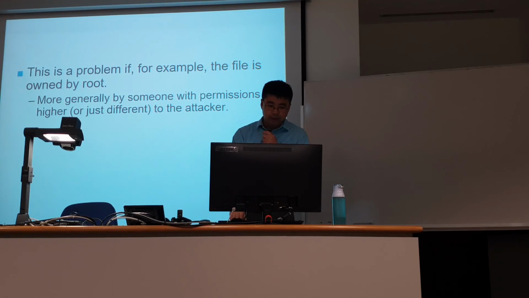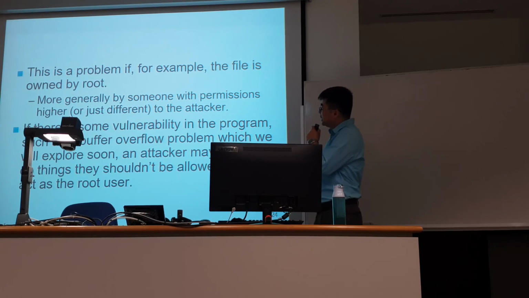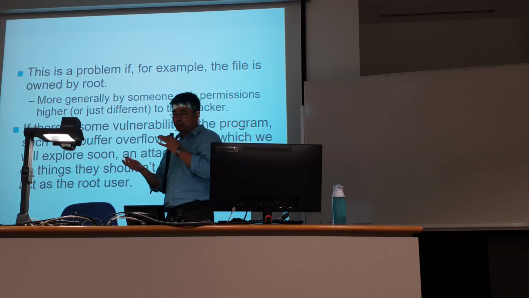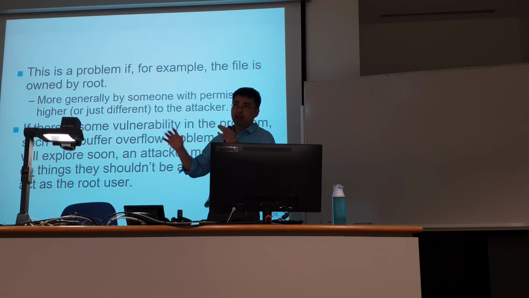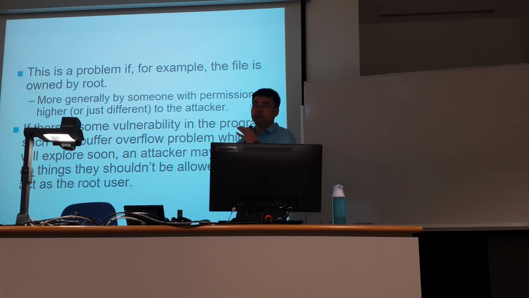If the program is owned by the root user and you have this set UID, then anyone who is allowed to run the program will have the root user permission. In this case, this user may misuse this program to do some malicious activity.